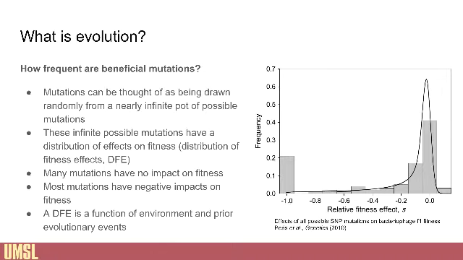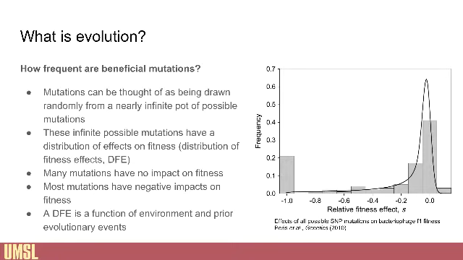So there's an infinite possible universe of mutations that can happen, and then there are the effects of those mutations. And so this particular example is from a virus. There's lots and lots of other examples now for much more complicated living things.